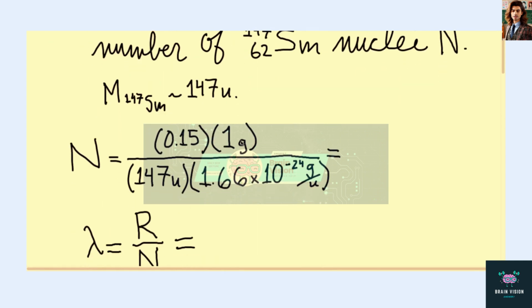And divide this mass of samarium-147 in the numerator by the atomic mass of samarium-147, which is roughly equal to 147 atomic mass units, as well as dividing by the grams to atomic mass unit conversion factor of 1.66 times 10 to the negative 24th.